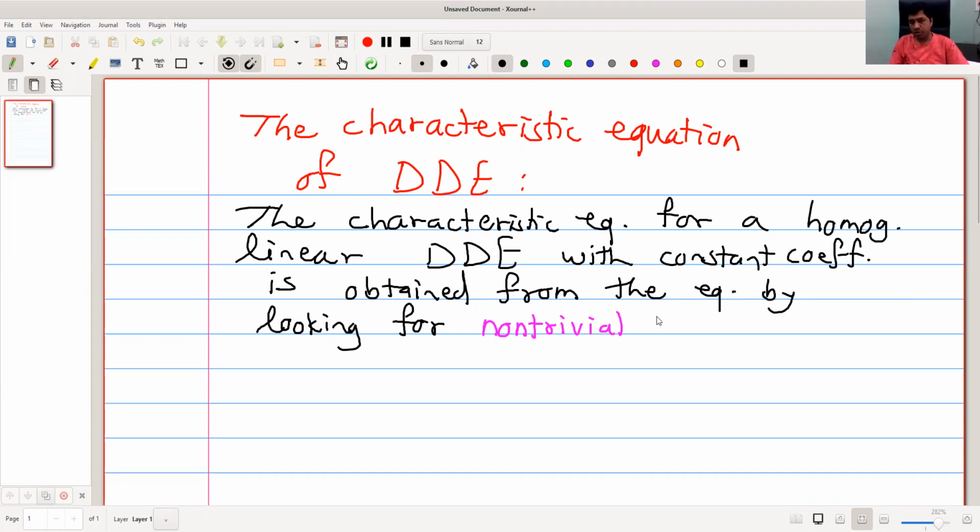Non-trivial solution means a solution which is not identically zero.